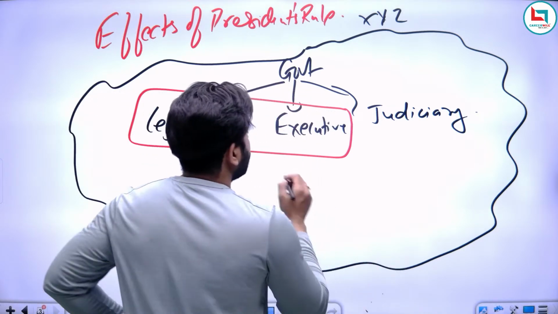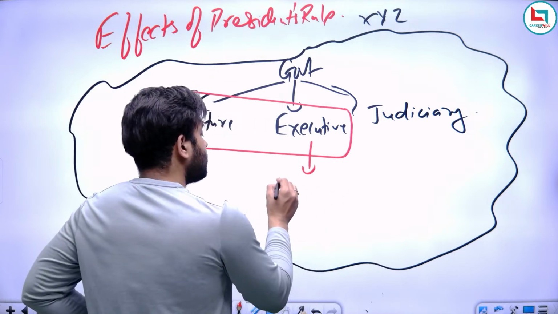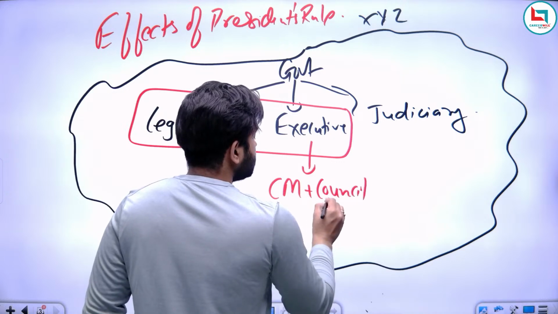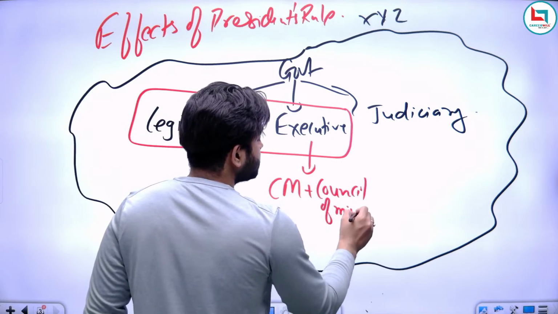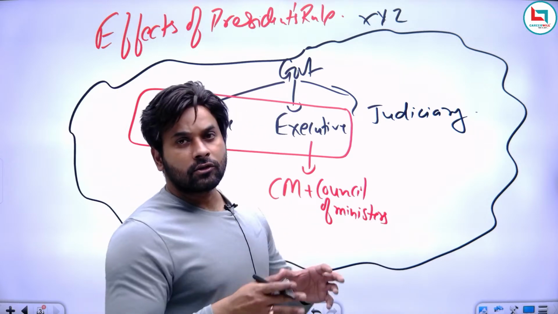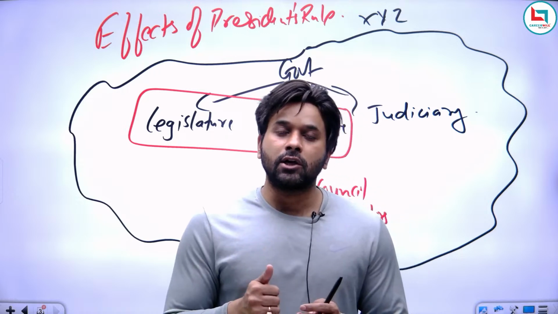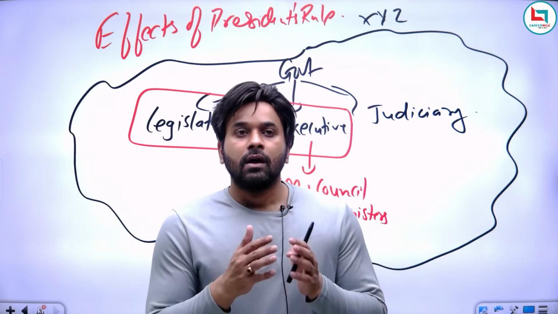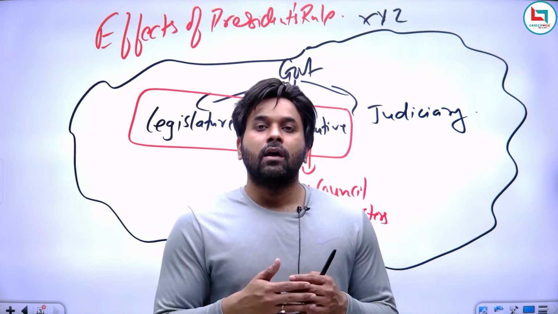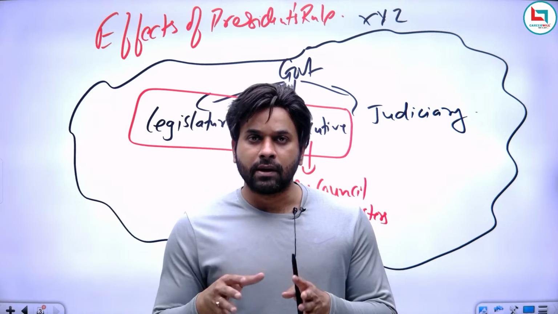See, who all comes under the executive? In the executive you will find the chief minister and council of ministers. You should understand there are two types of executive. First is the permanent executive, and the second is the temporary executive. The permanent executive implies, for example, the officers. Officers in the government are part of the permanent executive.